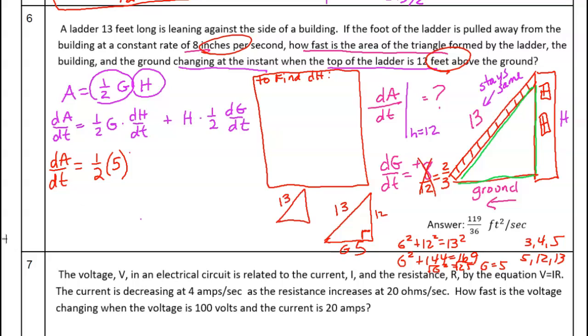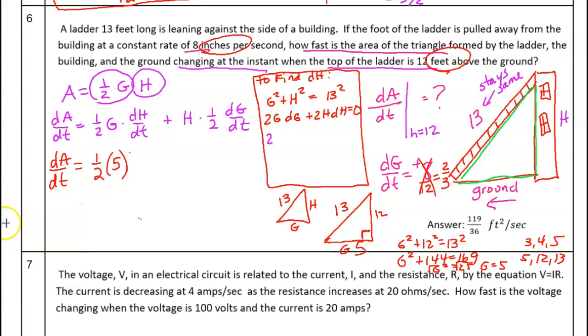I've got my ladder, I know my ground, and I know my height. So I know that g squared plus h squared equals 13 squared. I can take the derivative: 2g dg plus 2h dh. And that's 169, but the derivative is 0.